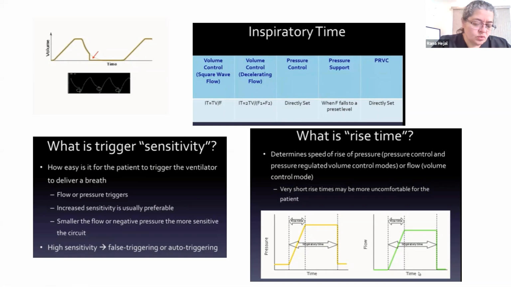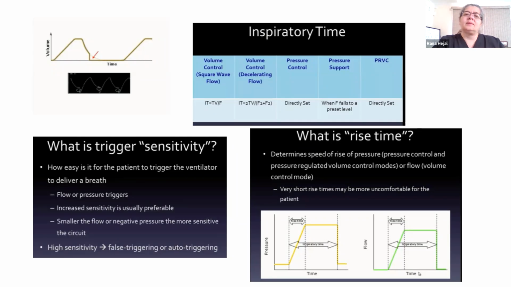If you remember how you take a breath, the first part of it is you achieve your peak flow in the initial phases of the breath. So the maximum flow is achieved. You tell the ventilator to turn off the breath once you reach a certain level of flow, either 25% or 50%, and that's how the breath gets terminated.